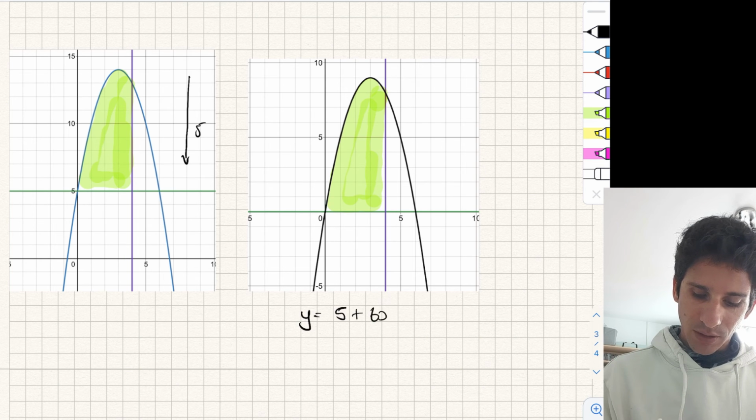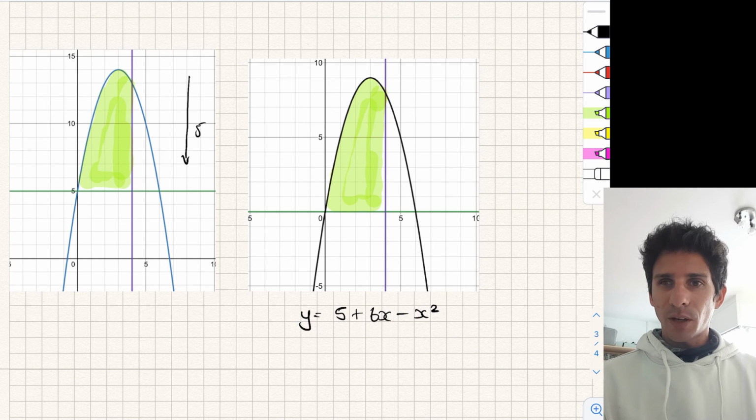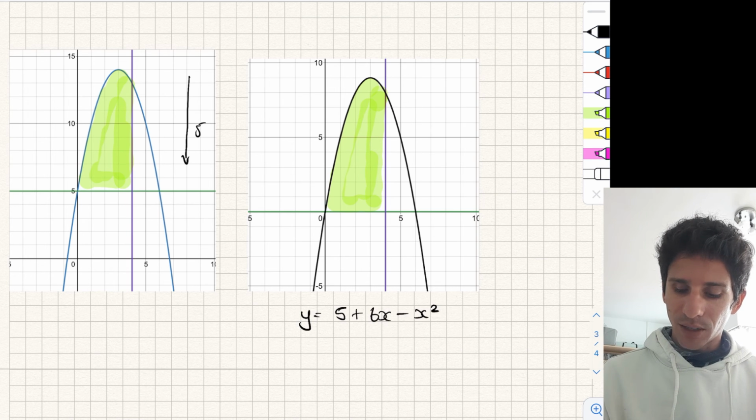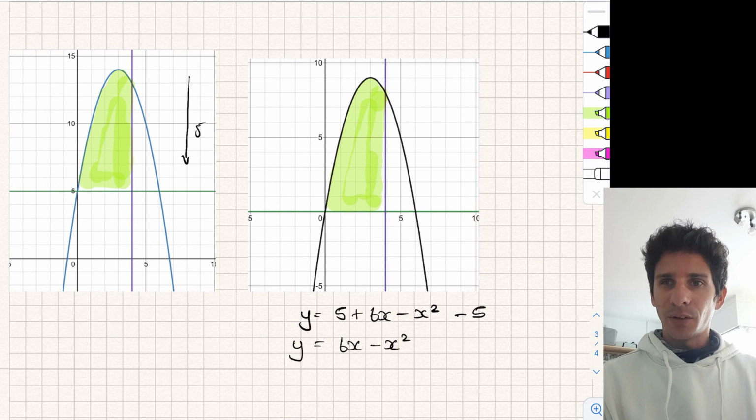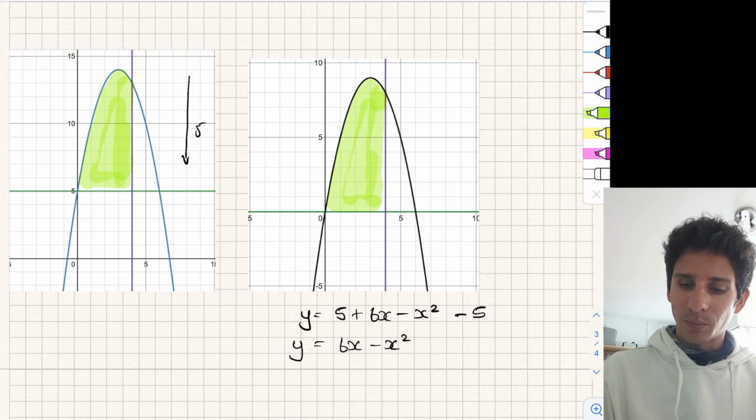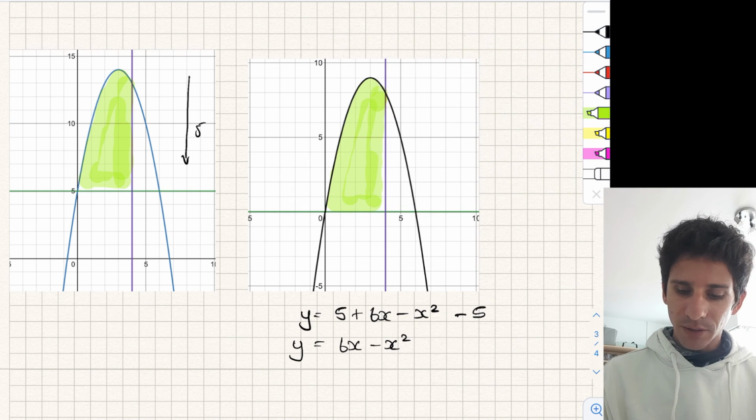Except if you remember back from your transformations, I've shifted this entire graph down 5 units. In other words, I took this graph, f of x, and I subtracted 5 units. This is going to leave me with y equal to 6x minus x squared, very unsurprisingly.